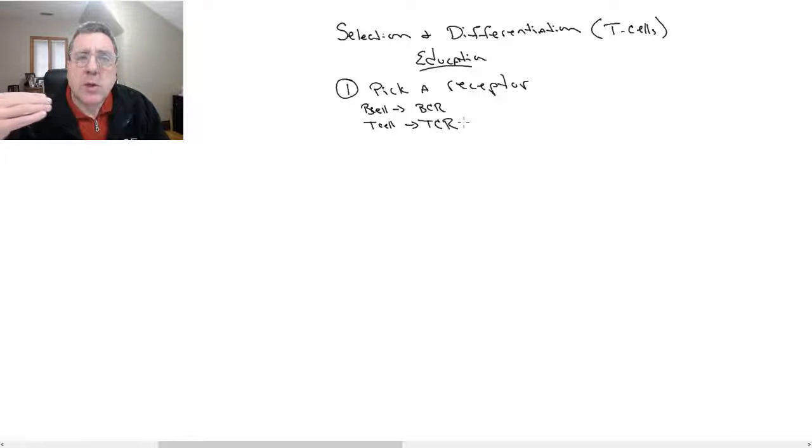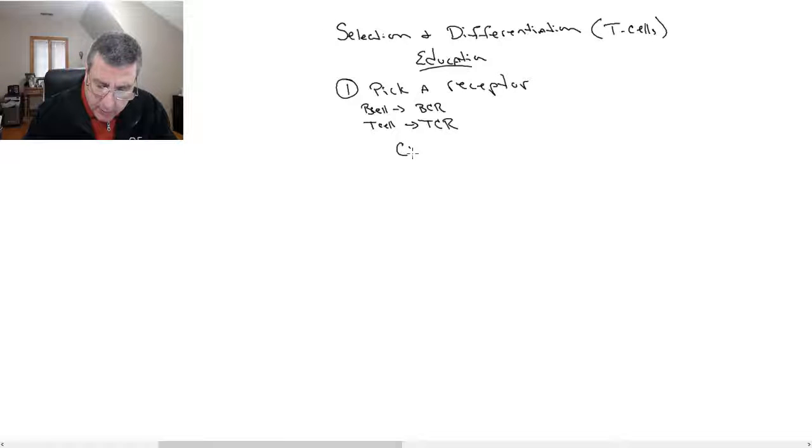Now, specifically regarding the T cells, they don't just get a TCR, the T cell receptor, and that one is a receptor that is very, very specific to a certain antigen. So in addition to the TCR, they also get two other receptors.